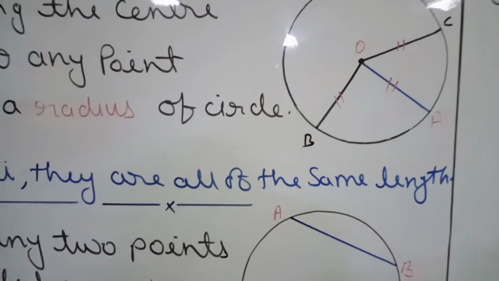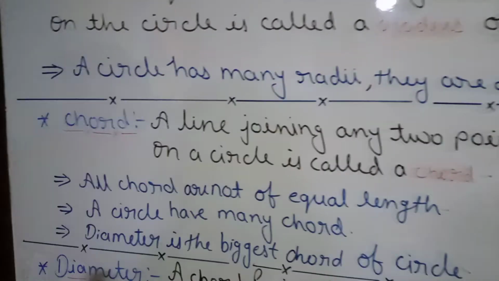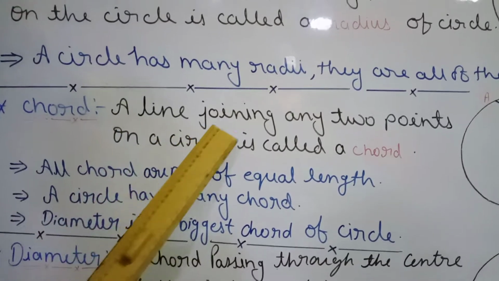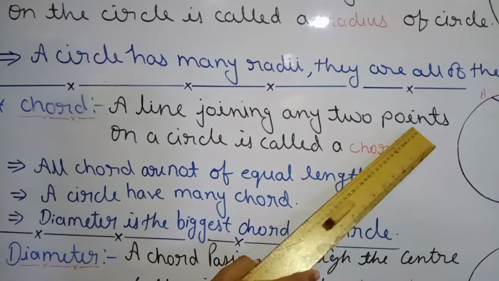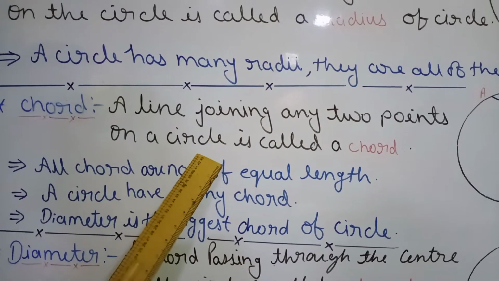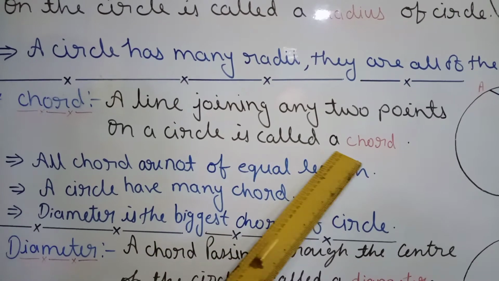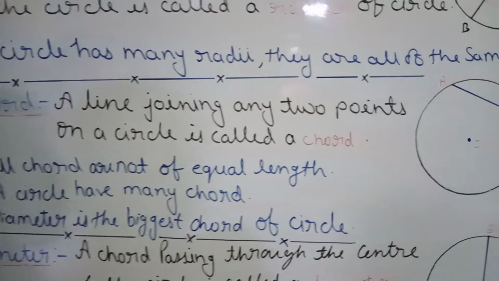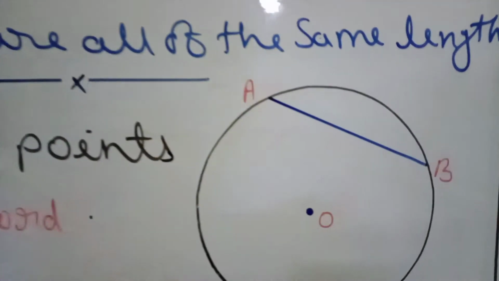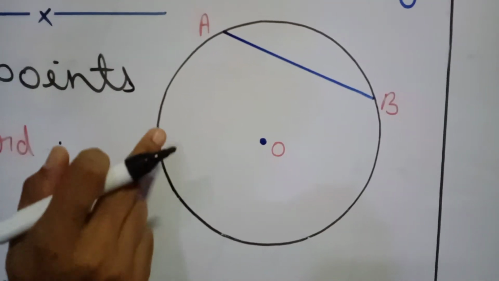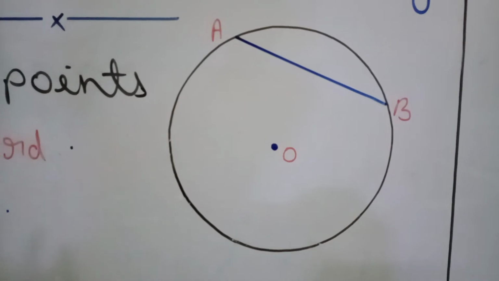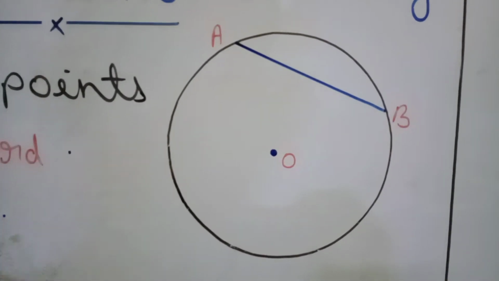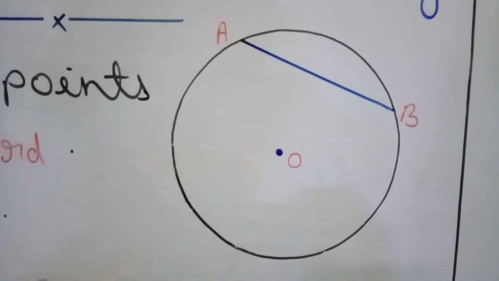The next we have is chord. A line joining any 2 points on a circle is called a chord. Let's understand it first. Any line segment which joins any 2 points on the circle is called a chord. Here we have center O given.